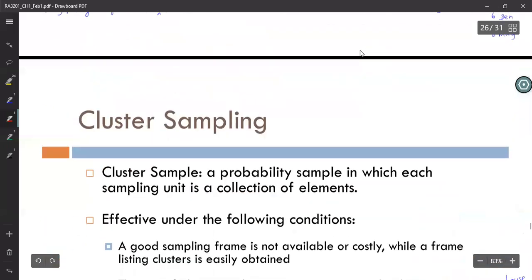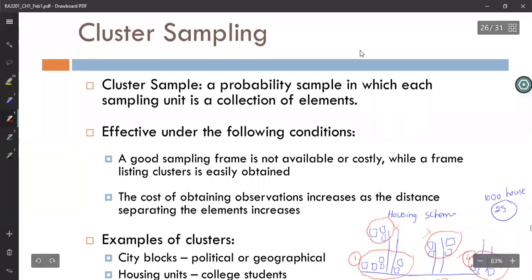Can you come up with another example where you can use cluster sampling? If you think about the university students, the hostels, you can consider a hostel as a cluster or a wing as a cluster. If you think about Vijayawardhana, there are 4 wings. You select one wing as the cluster and give your questionnaire to all the students in that wing.